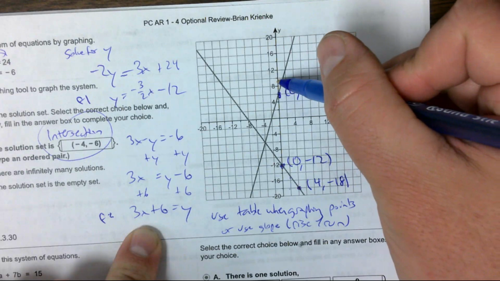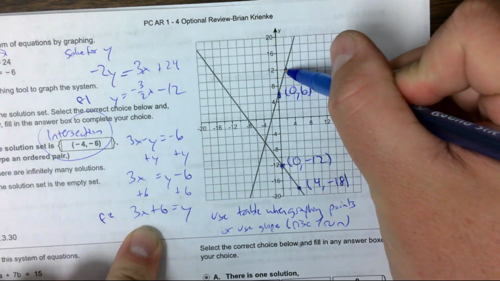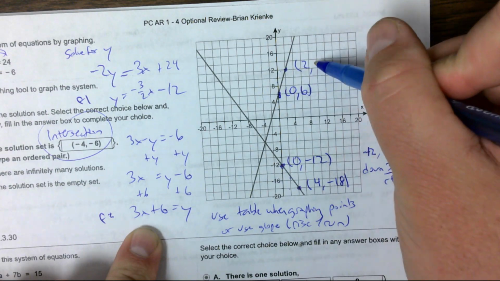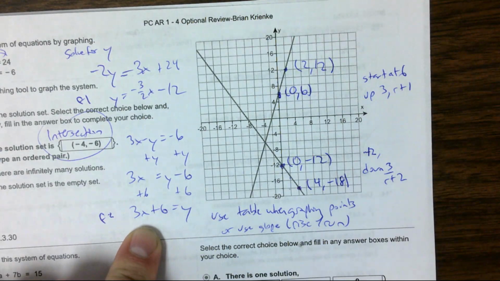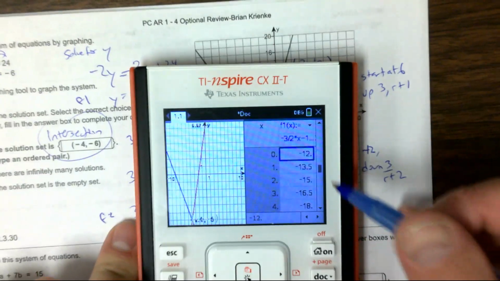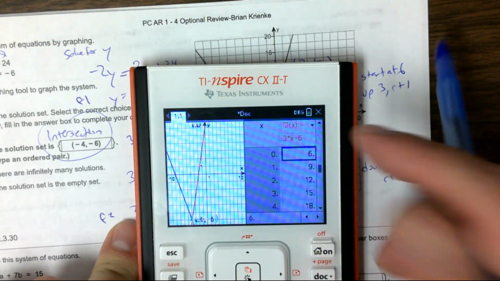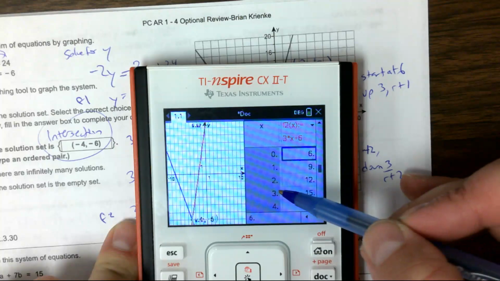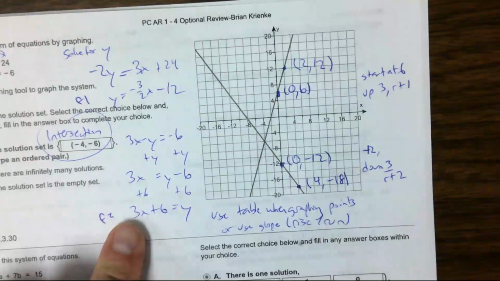So 3, 1, and then 3, 1. So that gets you to (2, 12). Now remember when we're looking for that on the second equation, the first one was blue, but then we go over to the right and now it's red. And there's the (0, 6) and the (2, 12). So that's how you do that.